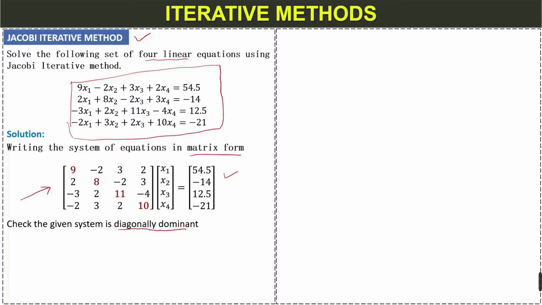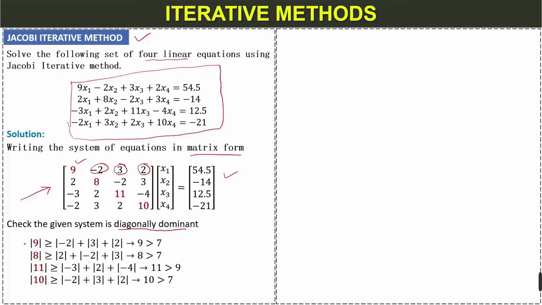So let's go forward and check whether the coefficient matrix is diagonally dominant or not. First we add up all these values, and then we check whether the sum of all these terms is less than the diagonal element.